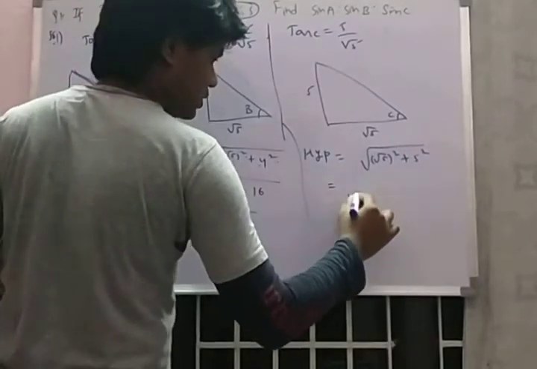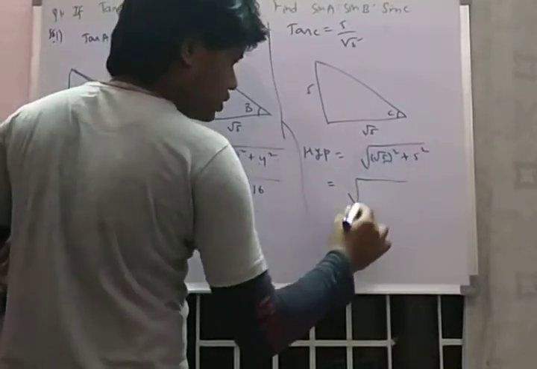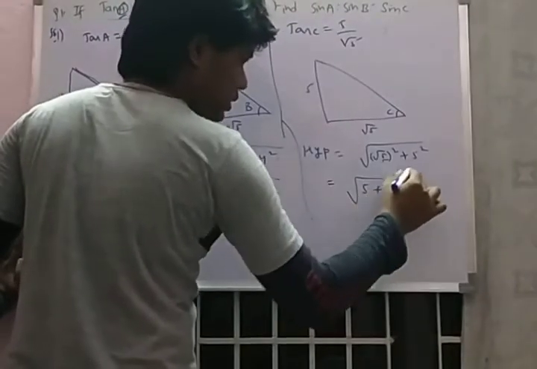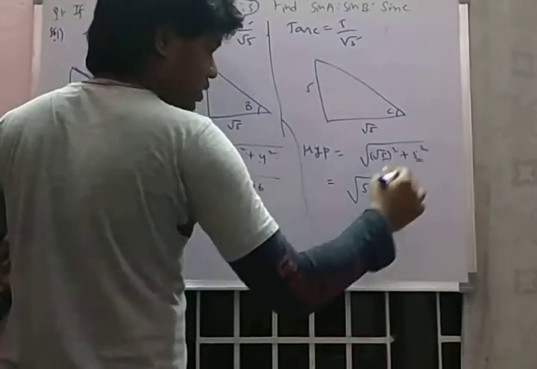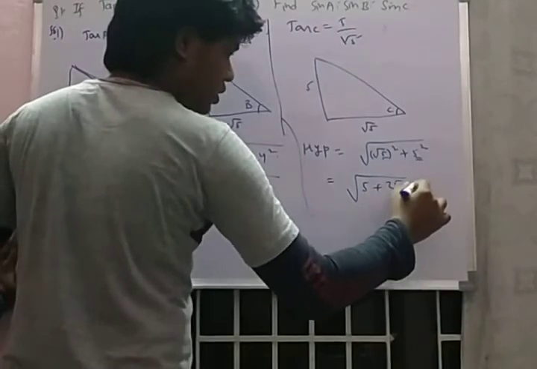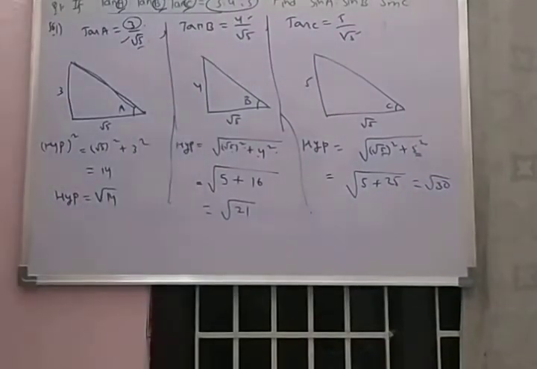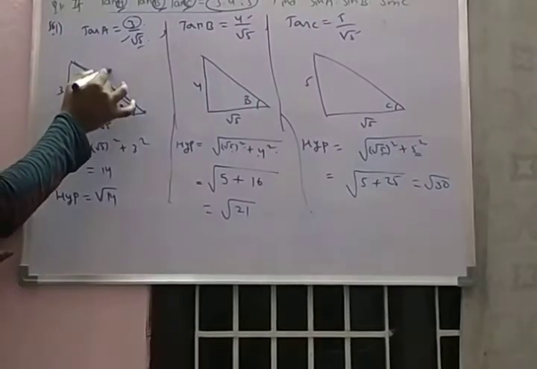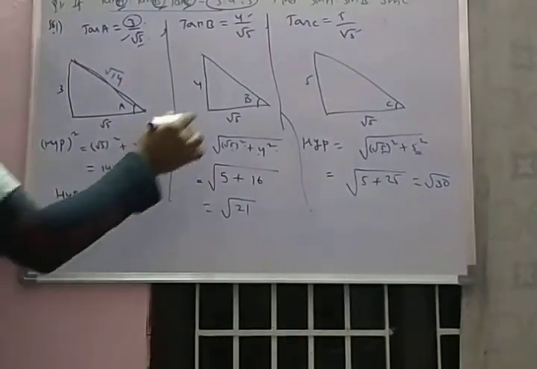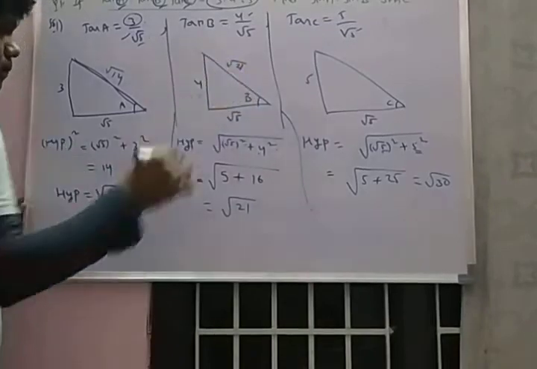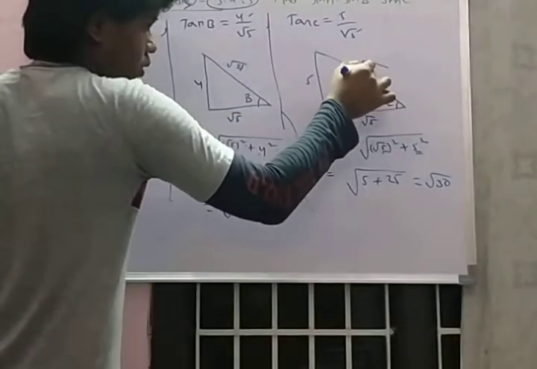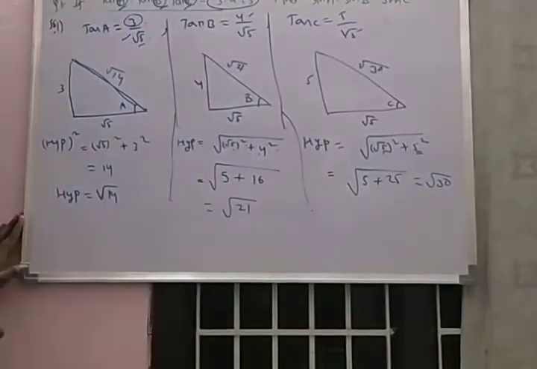So that implies root over 5 plus 25. So that is root 30. So from this, here it is root 14, here root 21, and it is root 30.